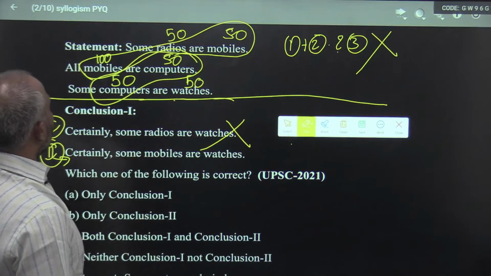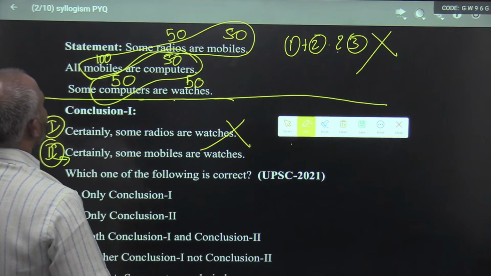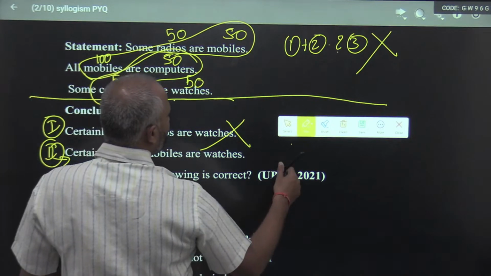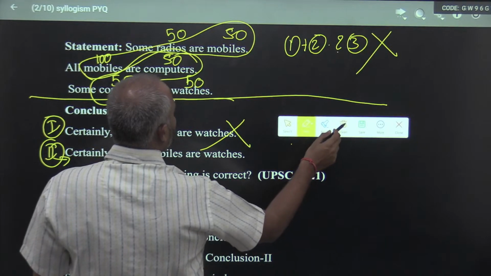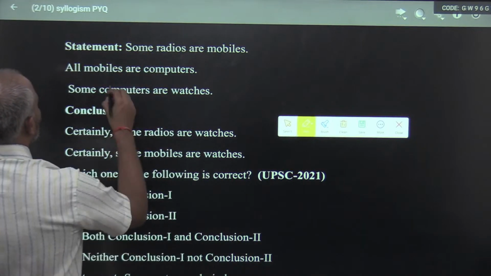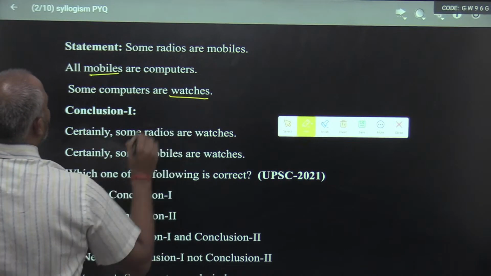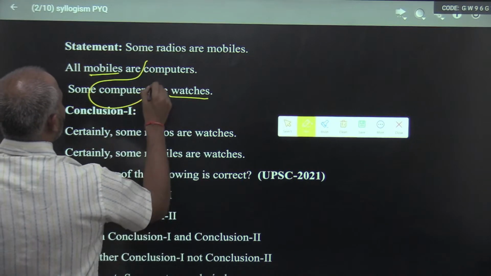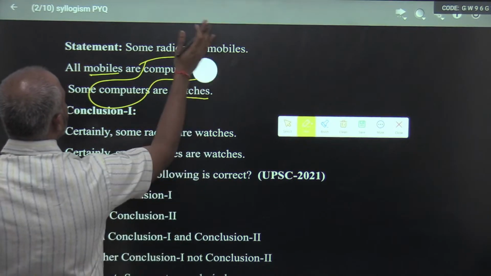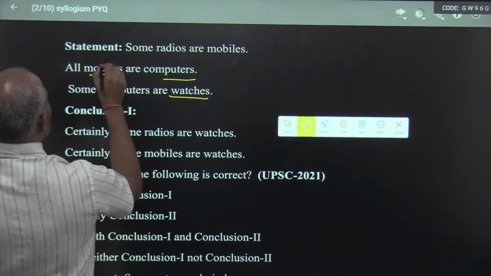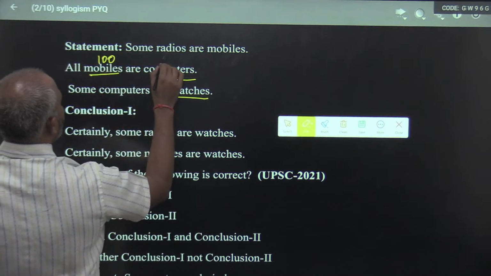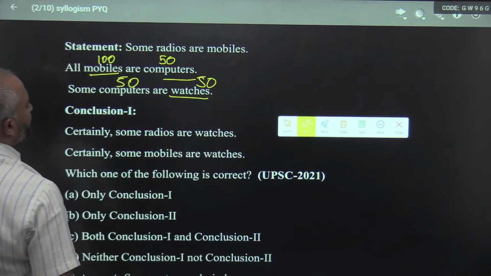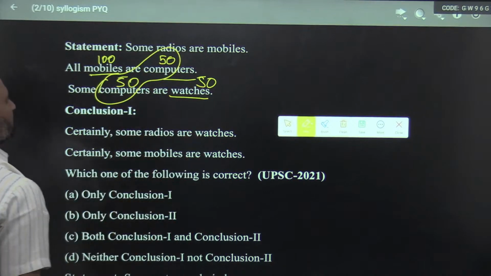Next, mobiles and watches. For conclusion 2, mobiles are here, watches are here. So the common element is computers. Start doing that again: 100, 50, 50, and then it is 50. The common element is computers. Can you draw a relationship?